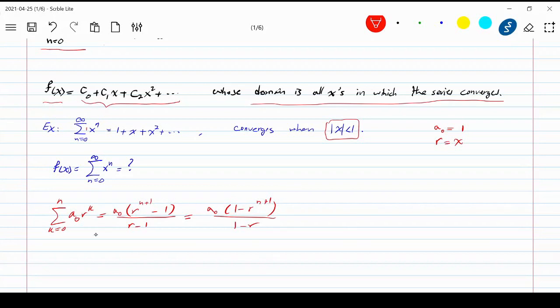So in this case, r is given as x, because at every step you multiply by x. From this term to the next one is multiplied by x, multiplied by x. And a0 is simply 1. And now here's the difference. As n approaches infinity, what happens to x to the power n?